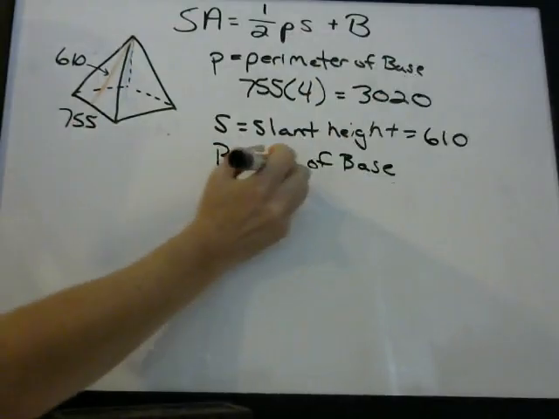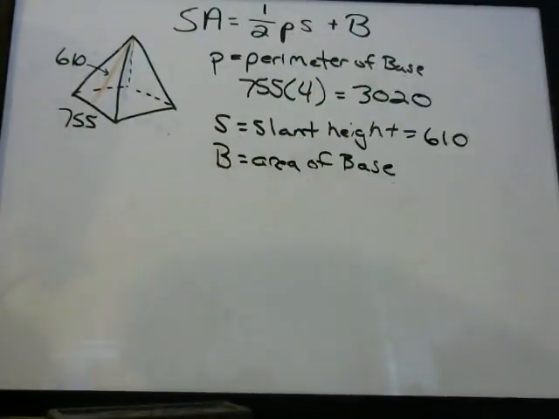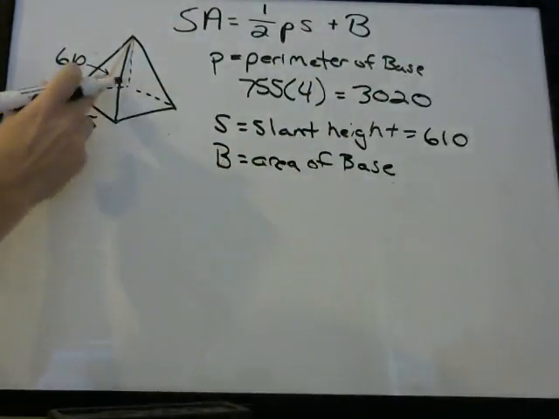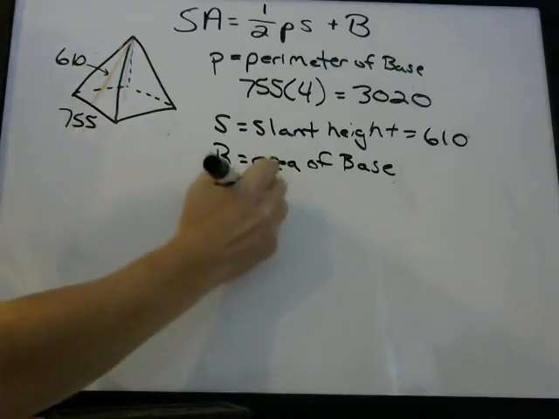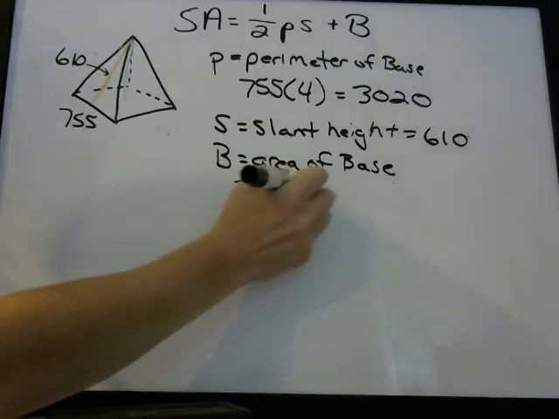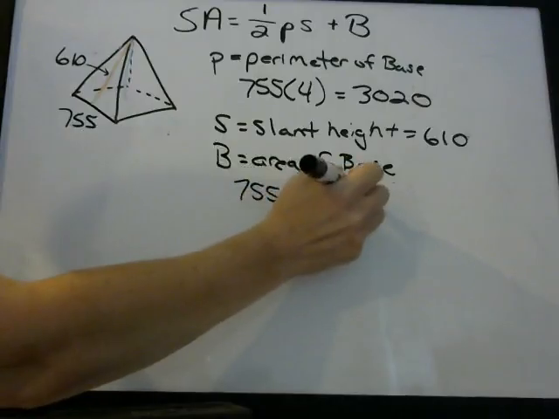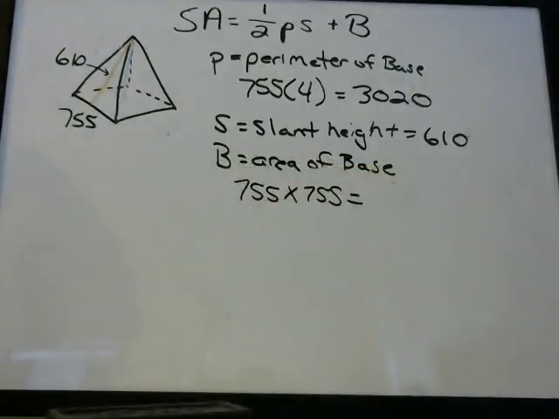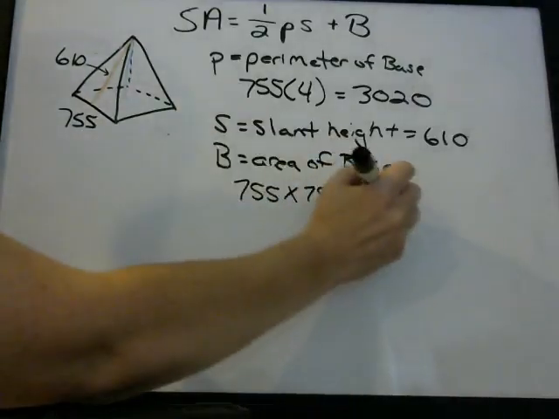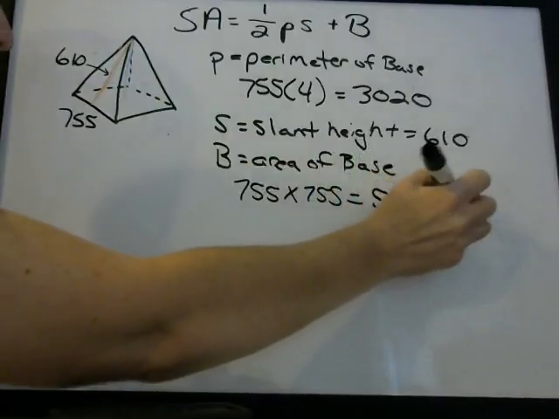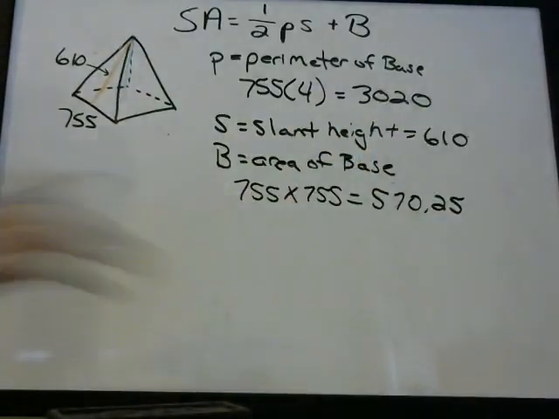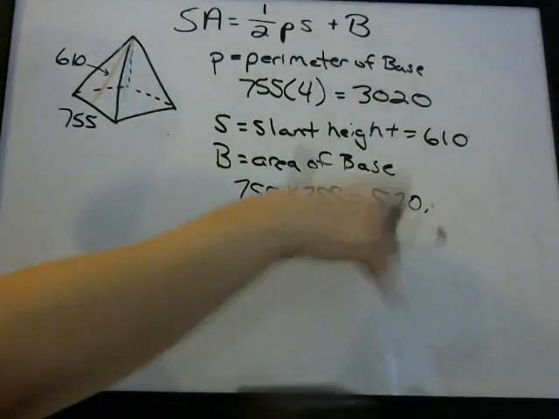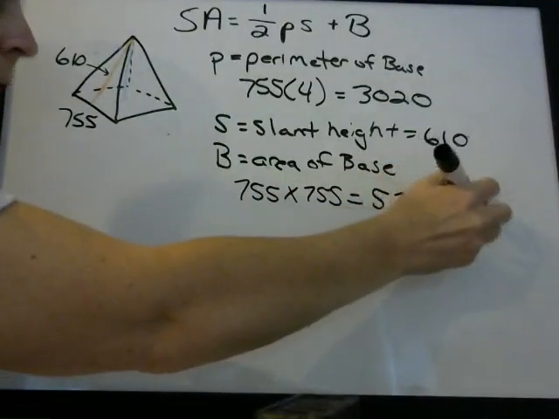The area of the base, again, the base is the bottom, 755. It's length times width. 755 times 755, and that is 570,025.